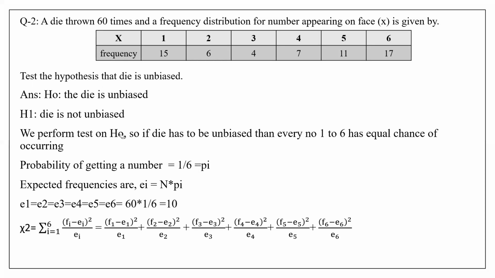Let us see the degree of freedom. How many pairs do you have? 6 pairs: 1, 2, 3, 4, 5, and 6. So 6 minus 1 will be your degree of freedom. So the degree of freedom will be 6 minus 1, which is 5.